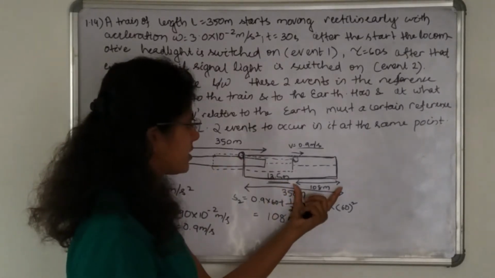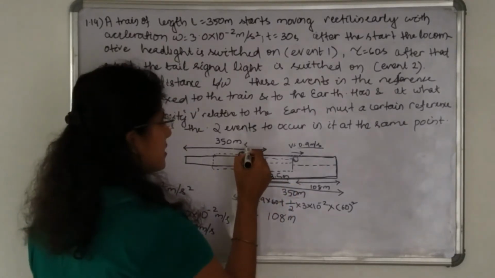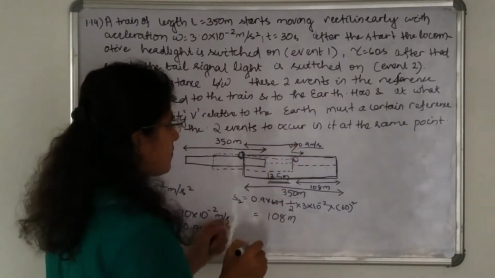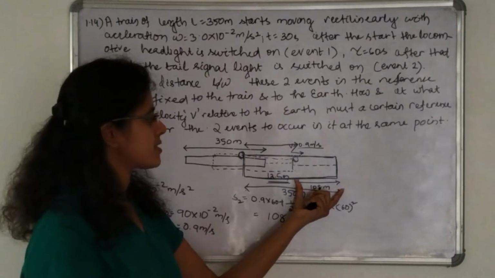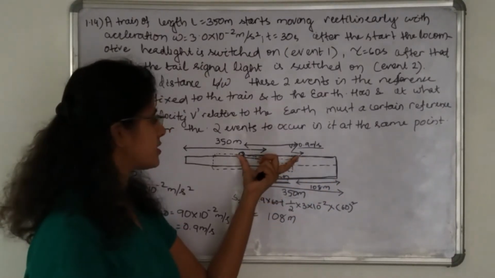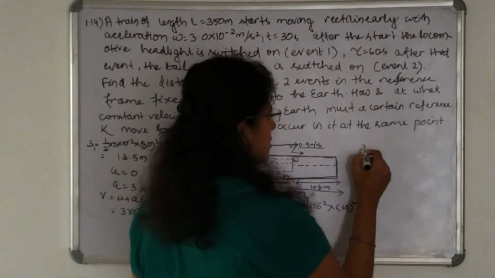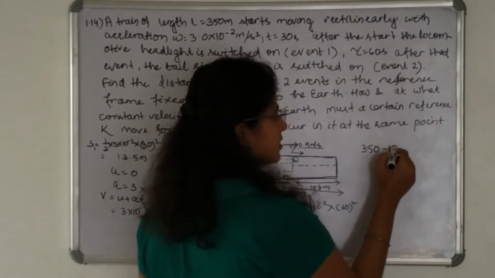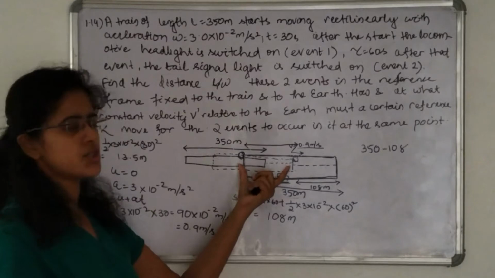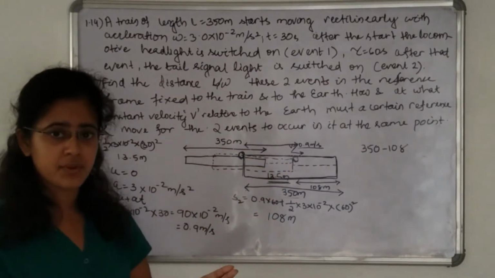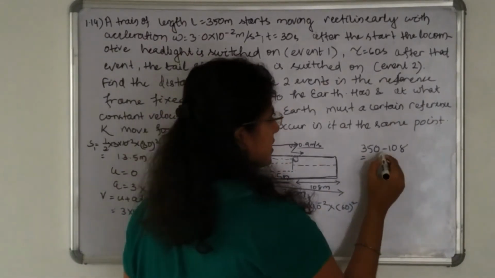So this length is 108 meter. So how much is this length? This total length is 350 meter. This length is 108 meter. How much is this length? So this is 350 minus 108. 350 minus 108, distance between these two events with respect to earth frame. Okay. So it is how much?